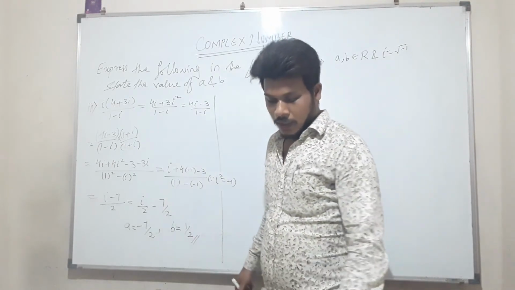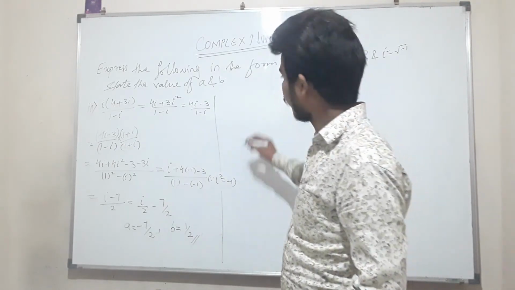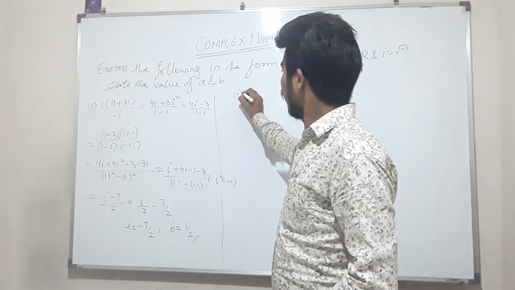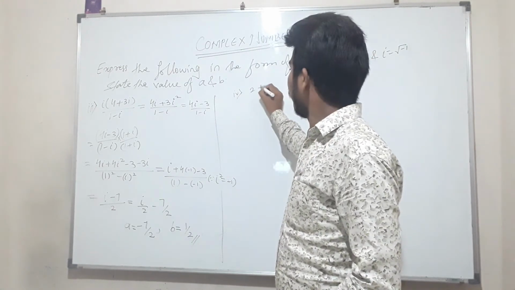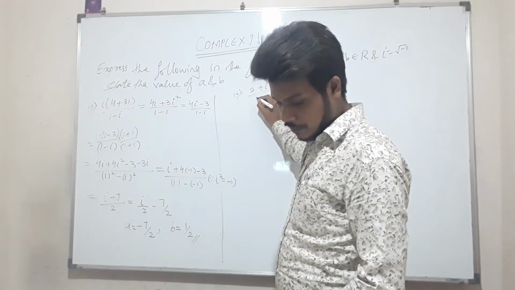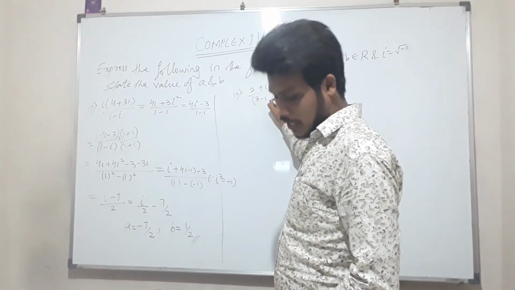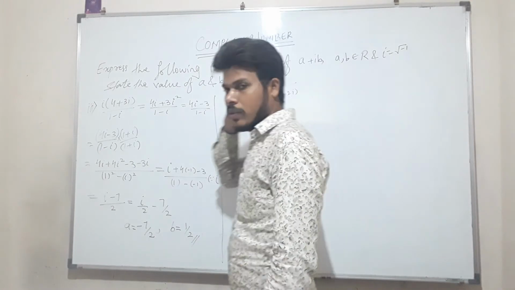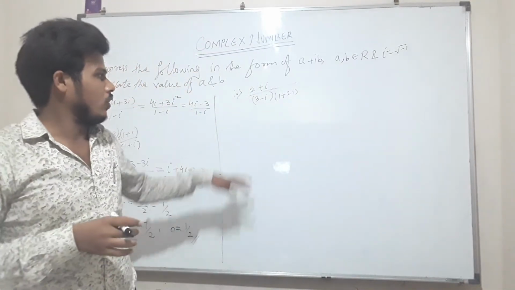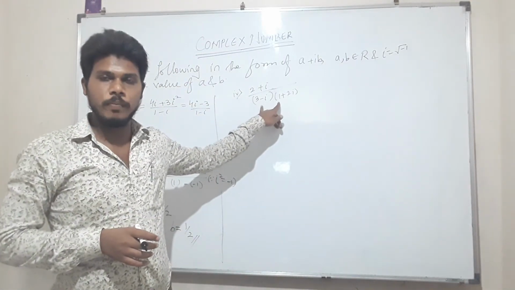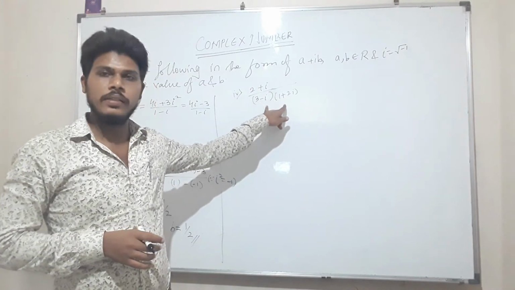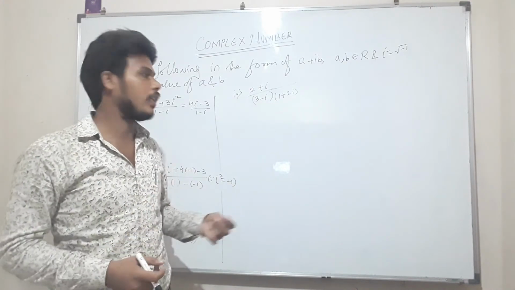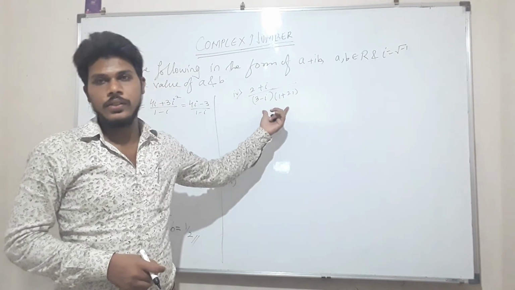Next question is (2 plus i) upon (3 minus i)(1 plus 2i). Here in the denominator there are two brackets, which means we have to multiply these brackets and then take the conjugate of this denominator.